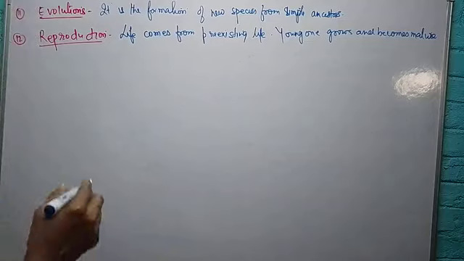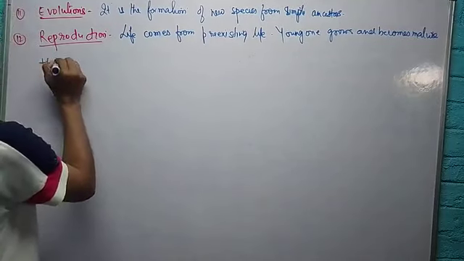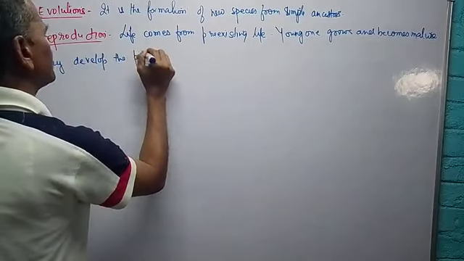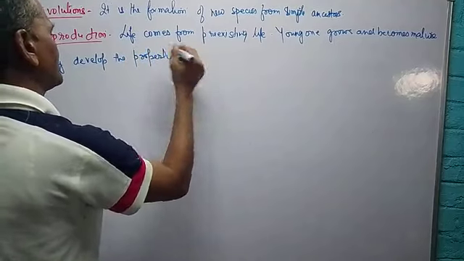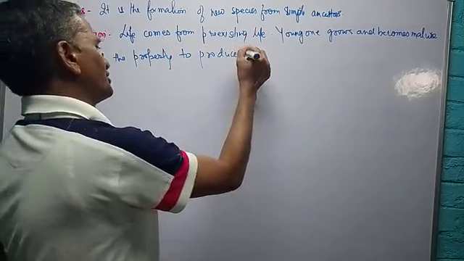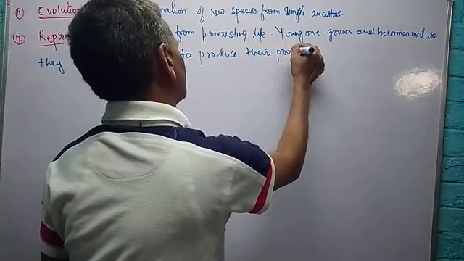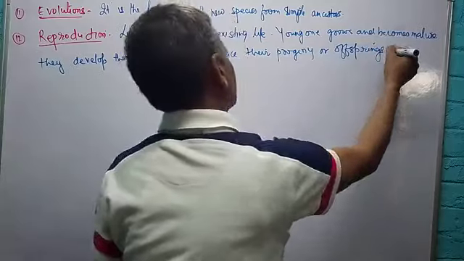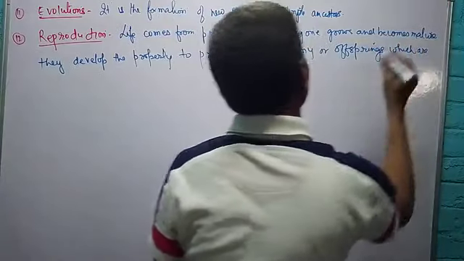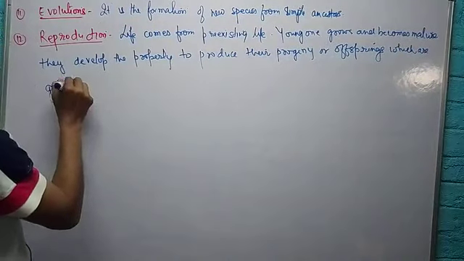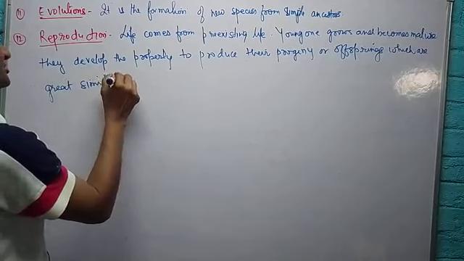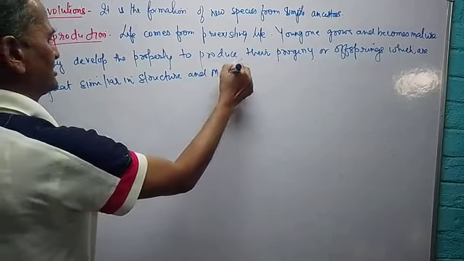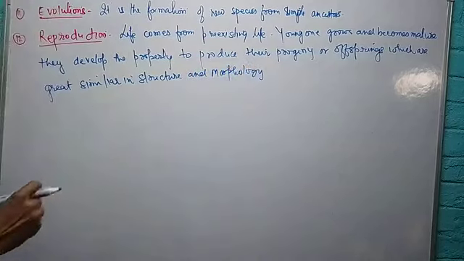They develop the faculty to produce their progeny or offsprings, which are similar in structure and morphology.